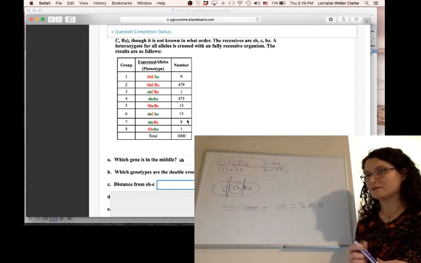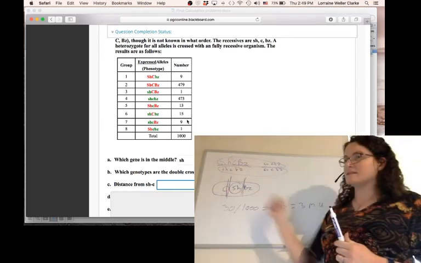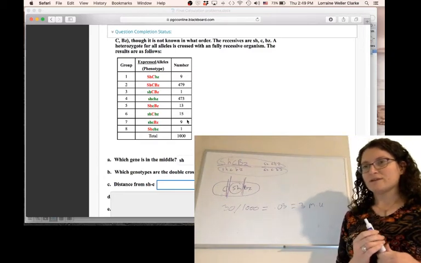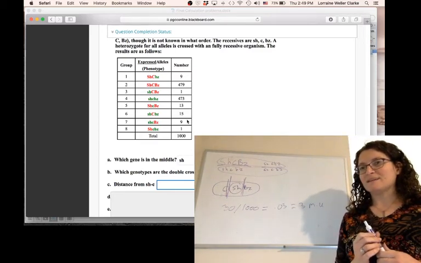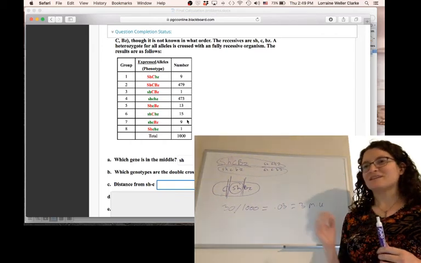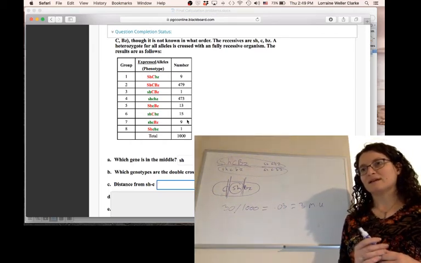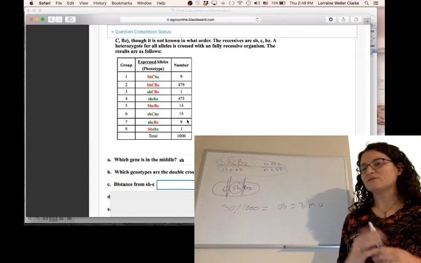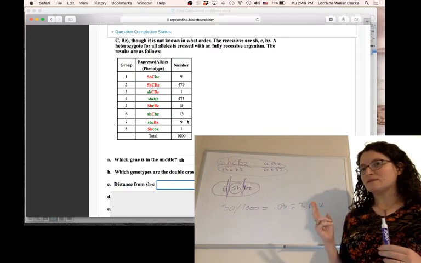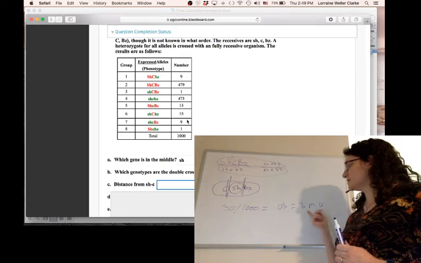You had to find the middle one. Once you had the middle one, you organize it and say, when there's a crossover between the C and SH, C moves. I look for the one where C is different than the parental. And then once you have done that, you add those two together plus the double crossovers. 3.